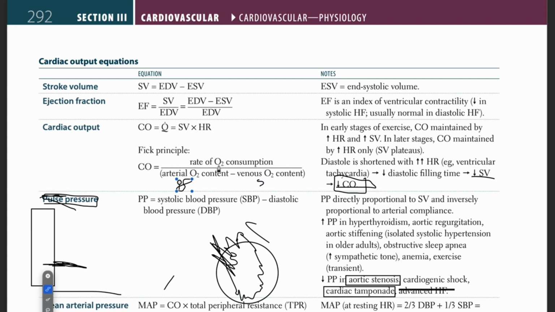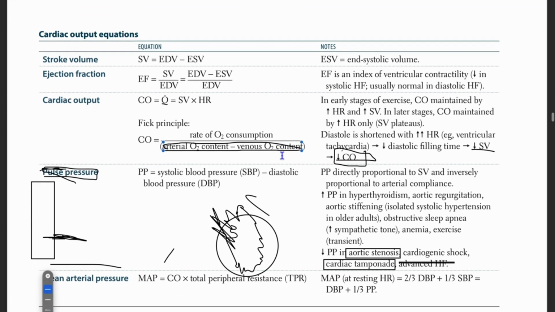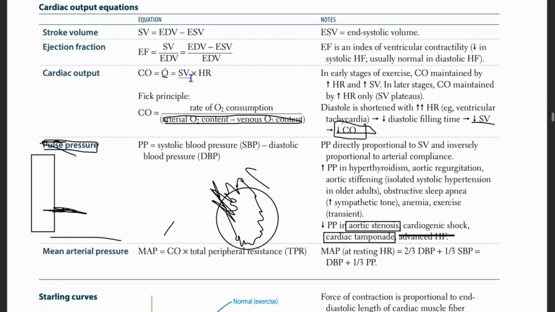So you have to remember that we have a formula for that. The formula is the rate of consumption, and then you figure out how much oxygen is used up from the time it left the ventricle and by the time it returned to the right atrium. That number will go down here, and then you can figure out cardiac output with that. Another way is stroke volume and heart rate. Q is the flow, I think.